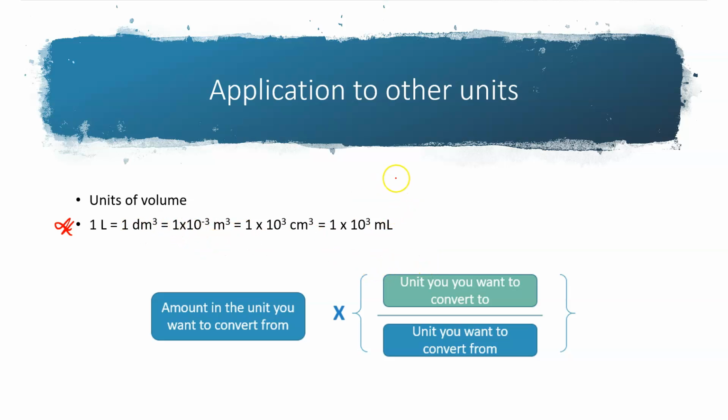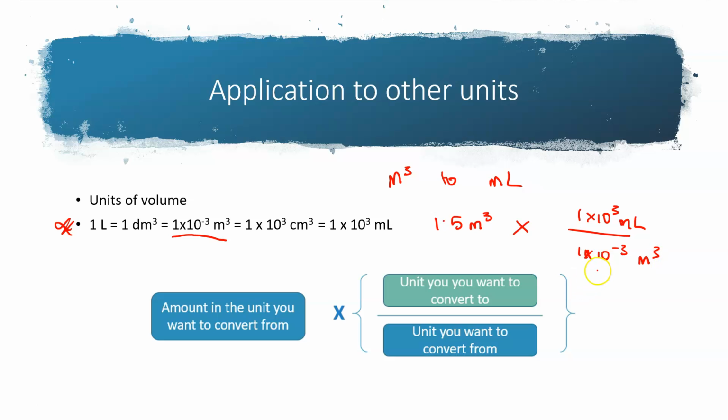So if we wanted to convert from meters cubed to milliliters, we could say 1.5 meters cubed would be multiplied by, and in this case, we're going to milliliters, so 1 times 10 to the 3 milliliters, and that is the same as 1 times 10 to the negative 3 meters cubed.